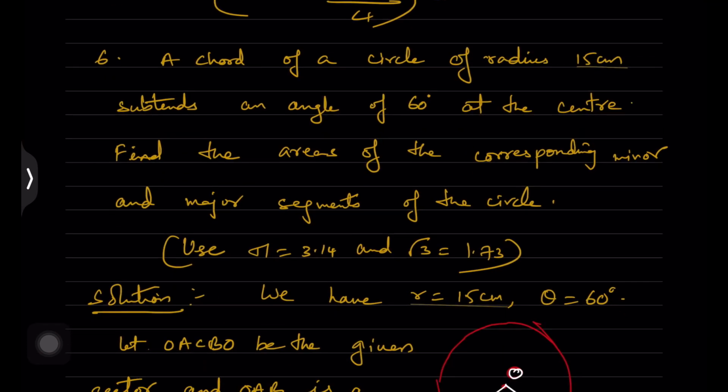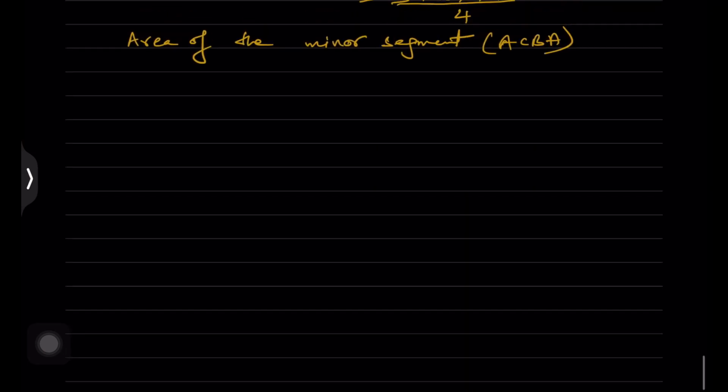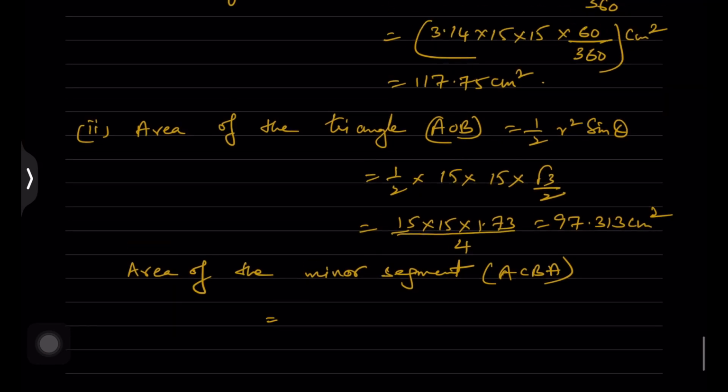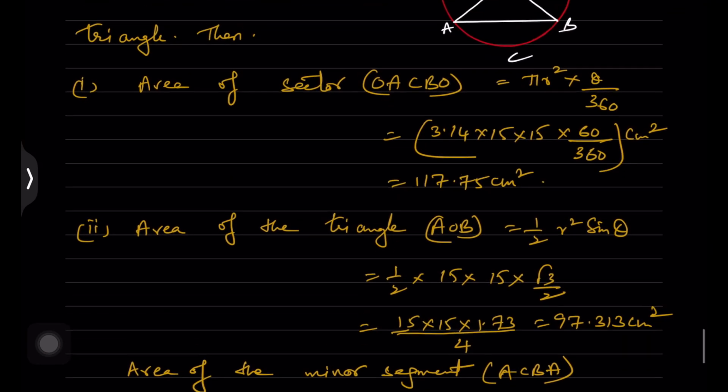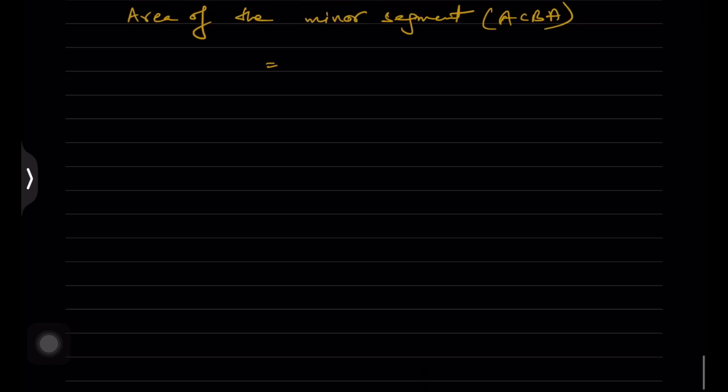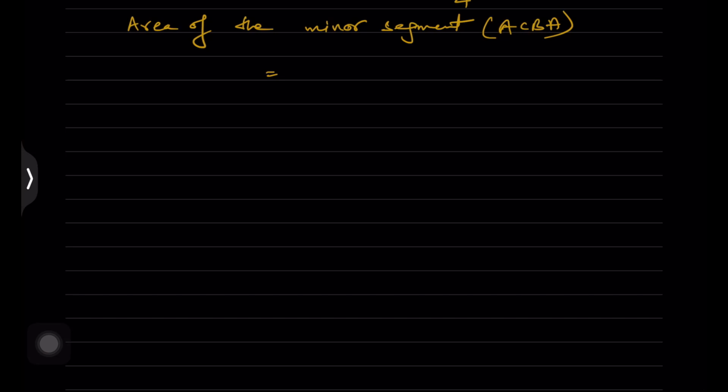In this we have to find out the areas of the corresponding minor and major segments. So we are first finding out what is the area of the minor segment, which we have named as ACBA, this shaded part. So what is this equal to? Area of sector minus area of triangle.